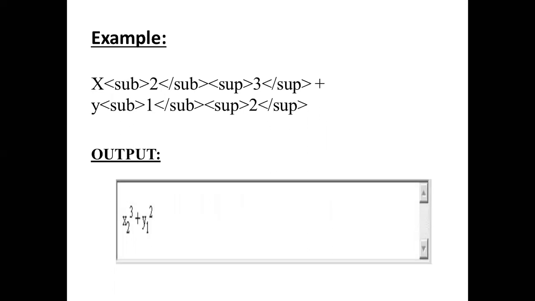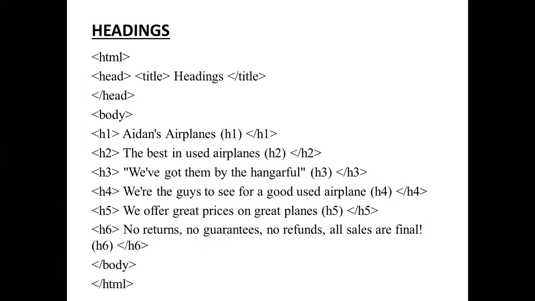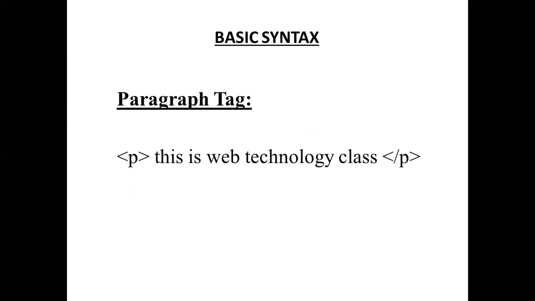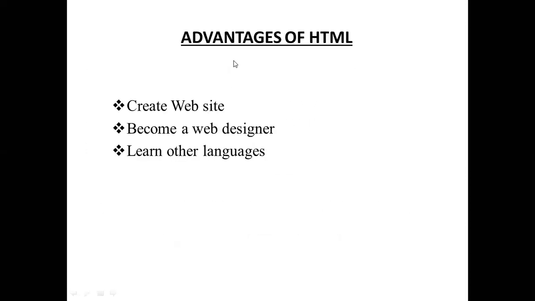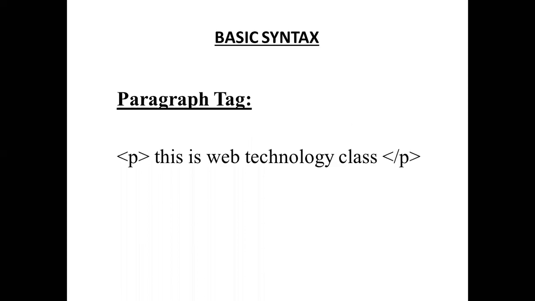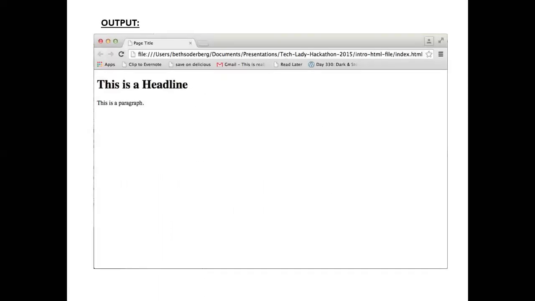So last 3 minutes, let me discuss what we finished in this class. In this class we discussed introduction to HTML, the course outcomes of web technology, advantages of learning HTML and basic syntax, and the standard HTML document.